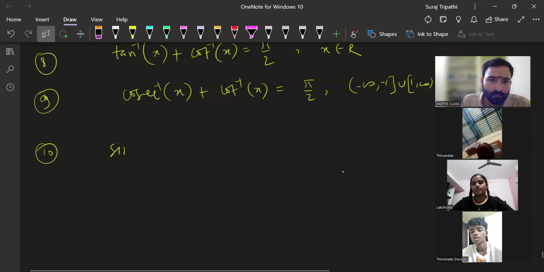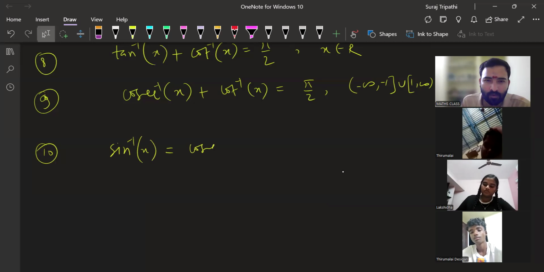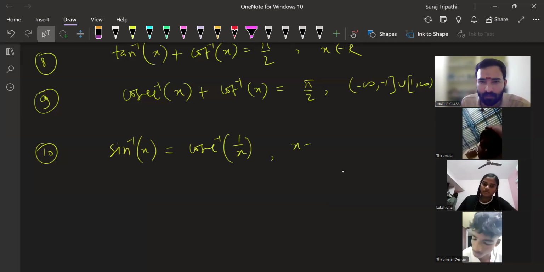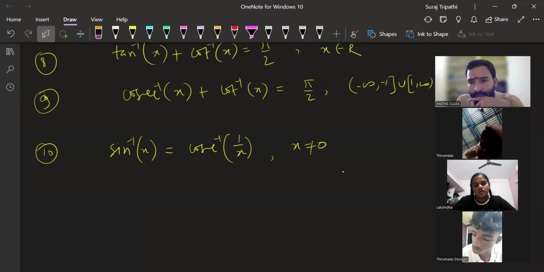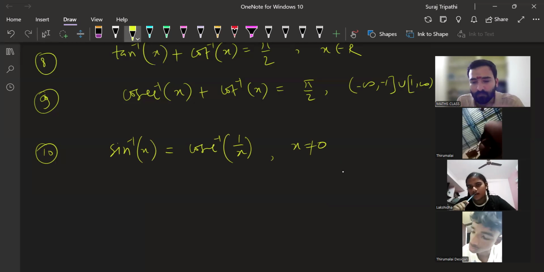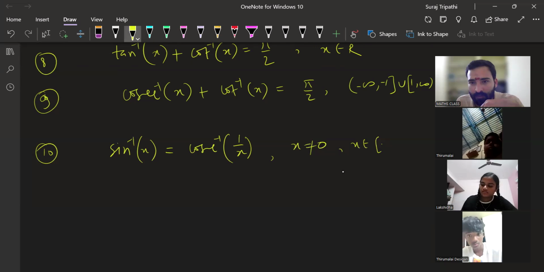Then, sin inverse x equals cosec inverse of 1 by x. But as you can see, for x equals 0, this cosec inverse 1 upon x will not be valid. So that's why x cannot be equal to 0, and also x will belong to minus 1 to 1.